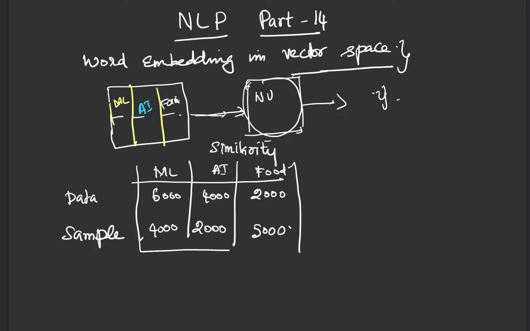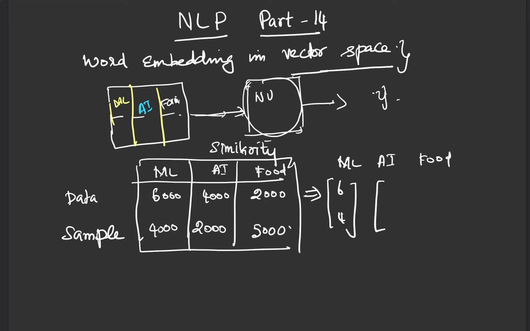Now, we have our vector space with 3 different vectors. Just for simplicity, we can reduce 6000 by removing 3 zeros and making it a simple number, so that it is easy to do simple calculations. ML has 6 and 4, this is our first vector, AI is 4 and 2, and food is 2 and 5.